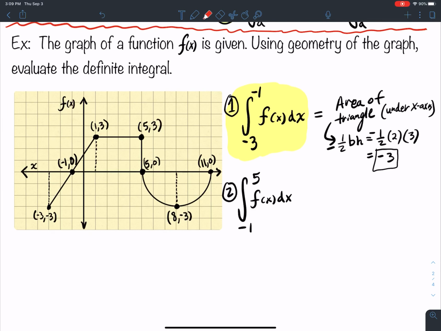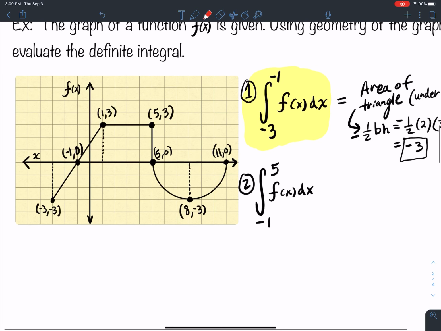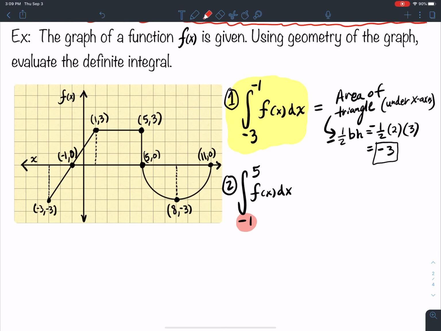Now, for this next one, I have f of x from -1 to 5. So -1 is here, and then 5 is here. So I want the area under the curve here.